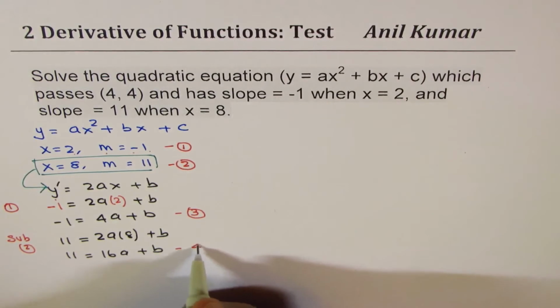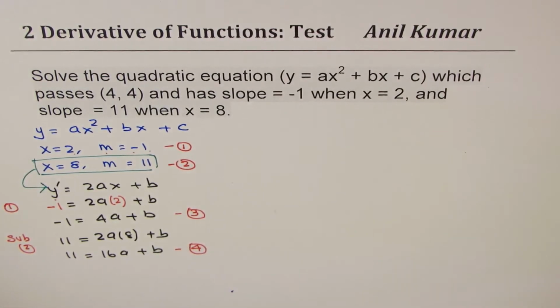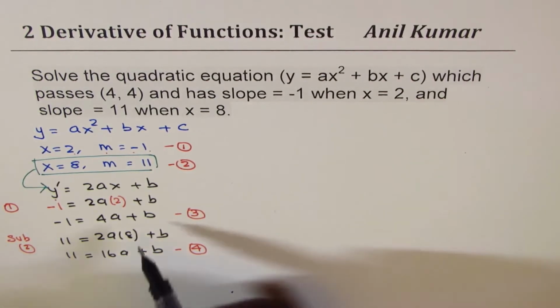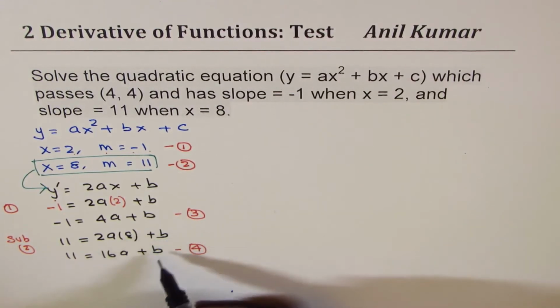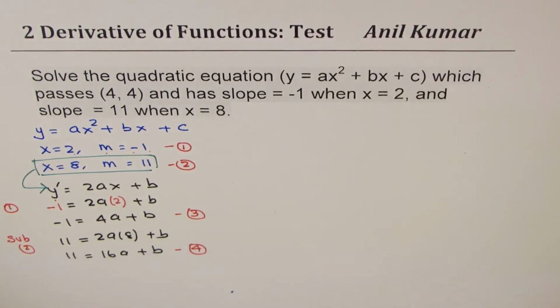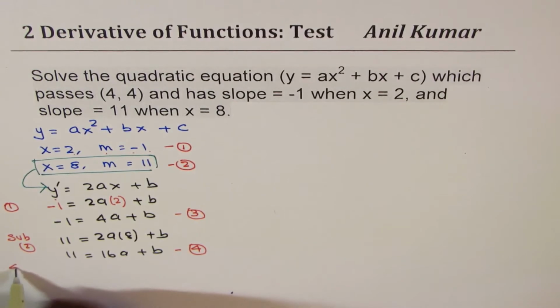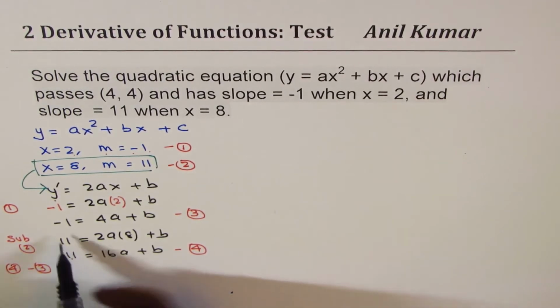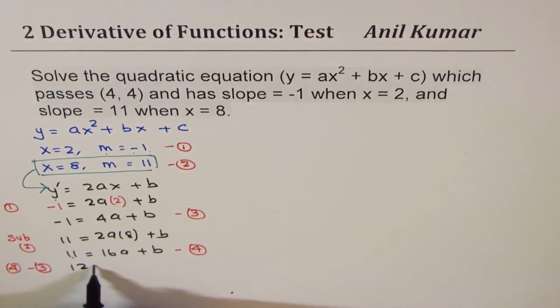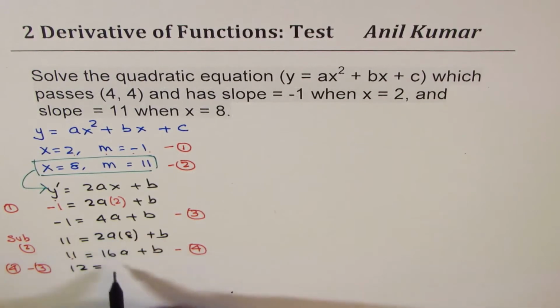Let me call this as equation 4. Now these two equations both are in a and b, so we can always solve for a and b. So let's do equation 4 minus equation 3. So 4 minus 3 gives me 11 minus minus 1, which is 12. 16 minus 4 is 12, so we again get 12 here.